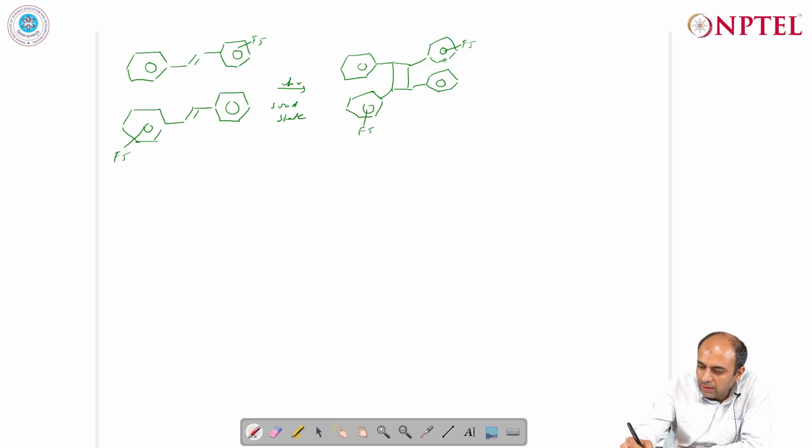Here you can see that there exist charge transfer stacking interactions which actually drive this dimerization process.